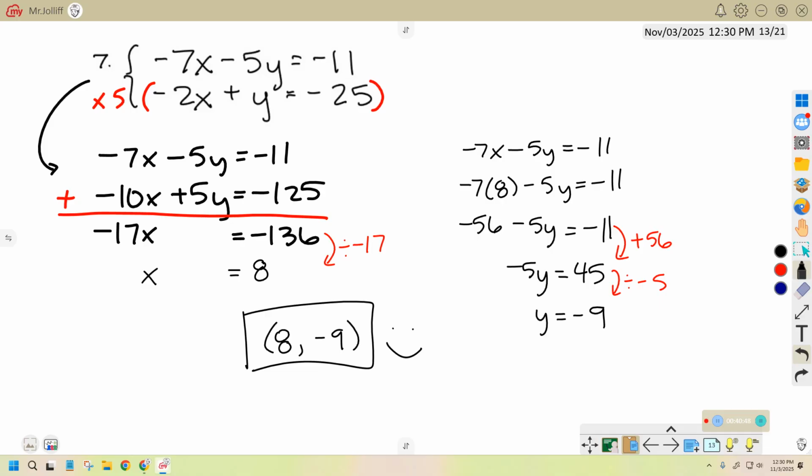Starting tomorrow, we're going to learn about matrices and how to solve systems of equations using matrices. How many people have seen matrices before? Do we know what a matrix is? Anyone? No, completely new math. So tomorrow we'll introduce matrices. We'll start looking at how to use them to solve systems of equations. It'll be fun.